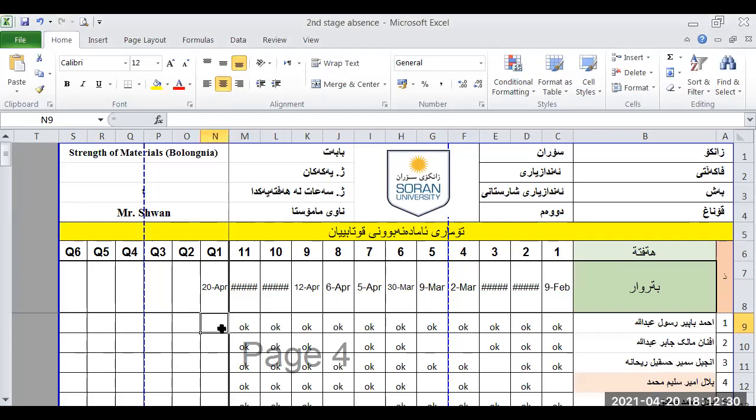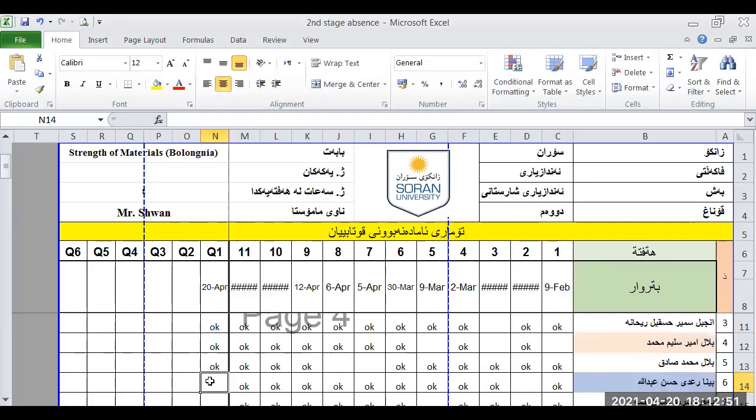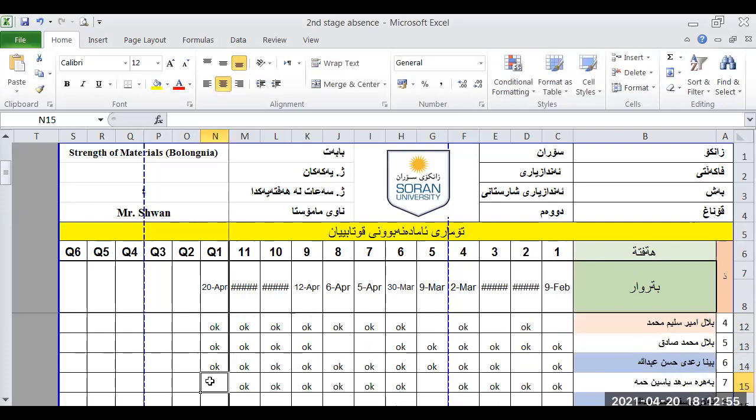Ahmed Bafir, بله. Afnan, بله. Anjir, بله. Bilal Amir, بله. Bilal Muhammad, بله. Bina, بله. Bahra, بله.